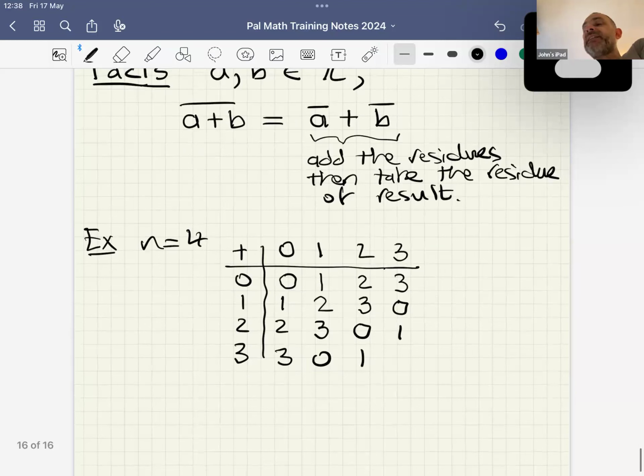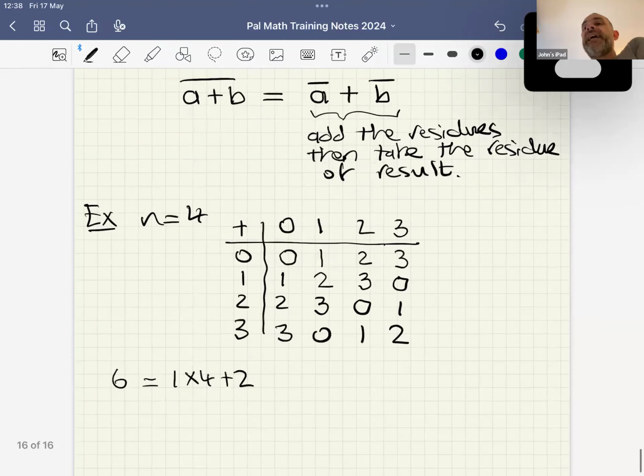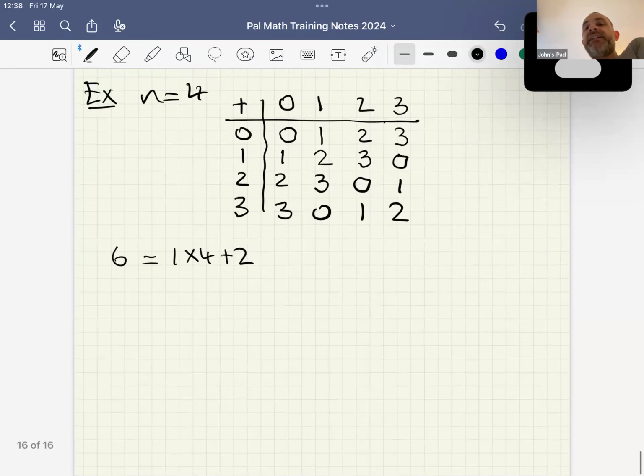But 6 leaves a residue of 2 when you divide by 4. So you've got 6 is 1 times 4 plus 2. So you get a 2 here. Okay, so some of you have probably seen these kind of tables before, but is that making sense? Yeah, that makes sense.